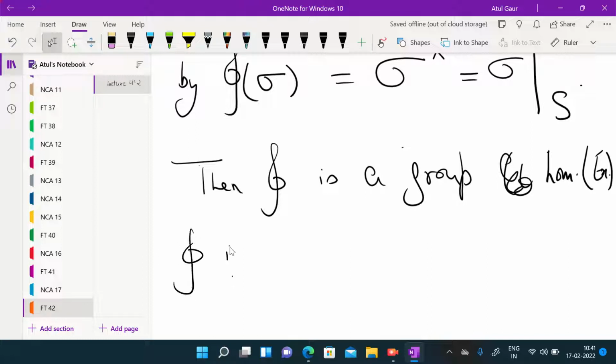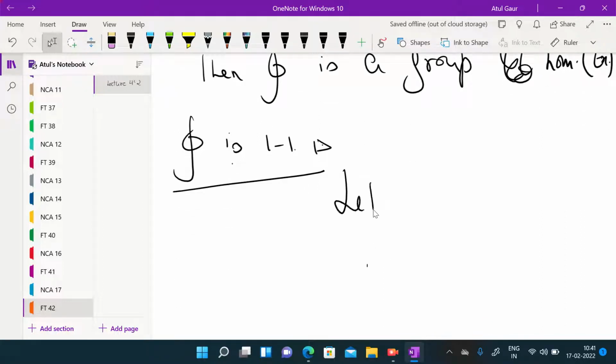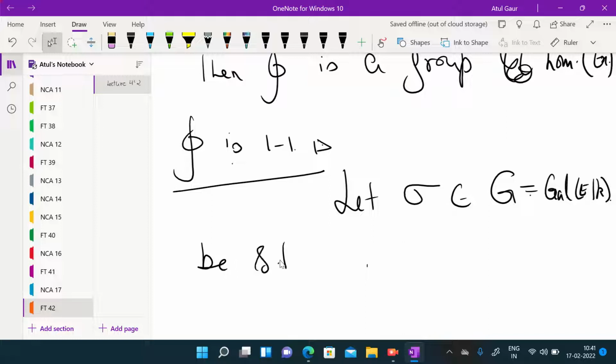Now phi is one-one. It's quite trivial. Let's say sigma belongs to G. G क्या है? Galois group of E over K. Be such that phi of sigma, which is sigma star, is the identity. तो ये identity कहाँ है?